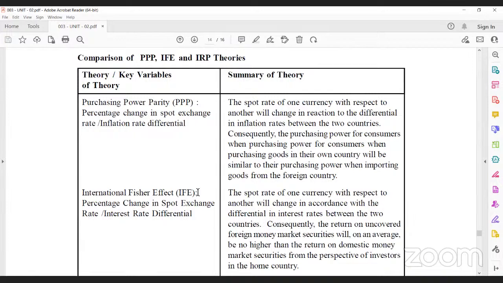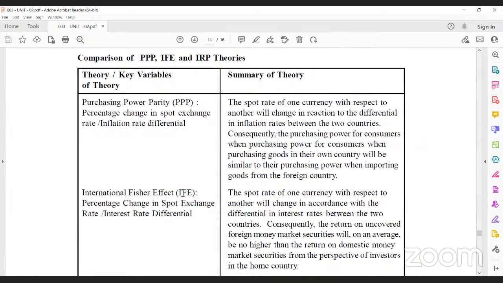The spot rate of one currency with respect to another will change in line with the inflation rate differential between any two countries. The effect of this is on the purchasing power of consumers, so that purchasing power in their own country will be similar to their purchasing power when importing goods from the foreign country.